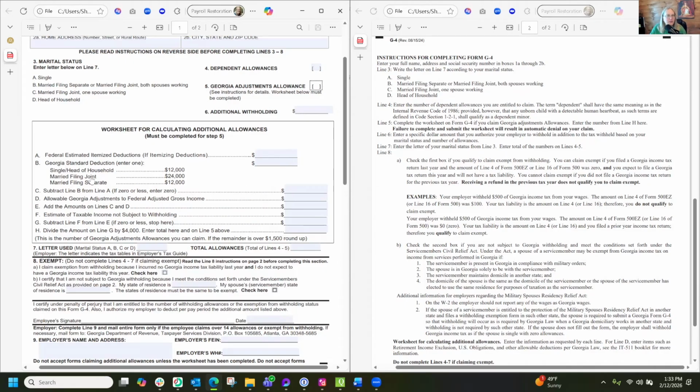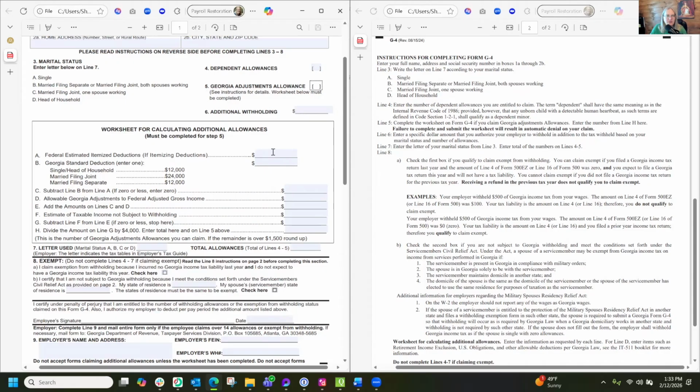All right, so for this worksheet, line A wants the federal estimated itemized deductions, if itemizing deductions. I would think that if you don't itemize, most people are going to take the standard deduction, especially with the updated standard deductions.